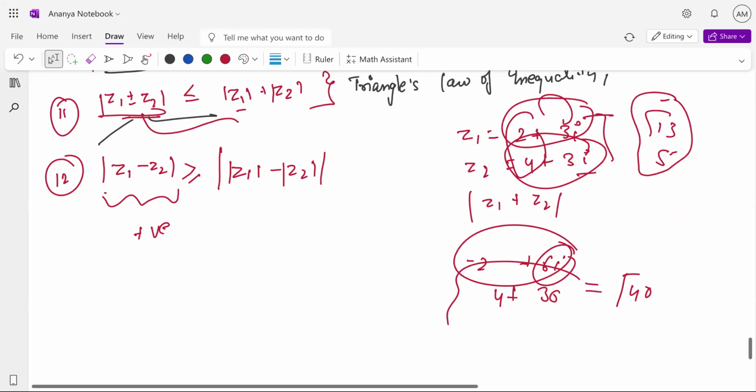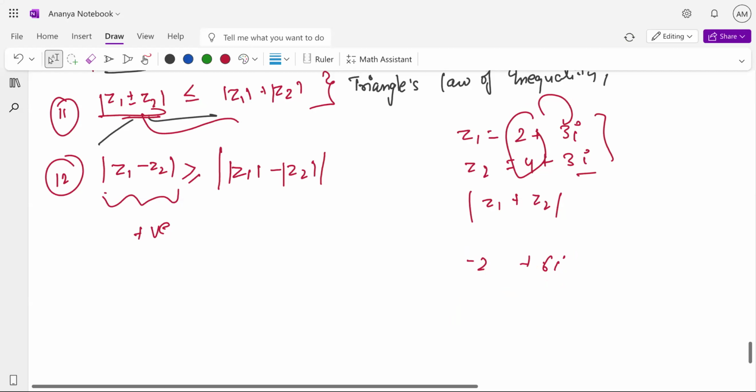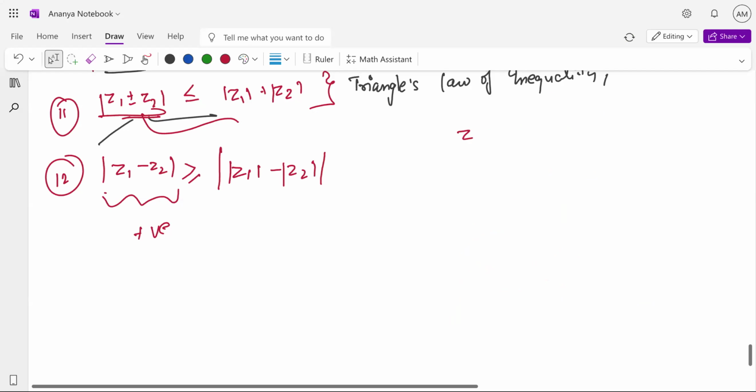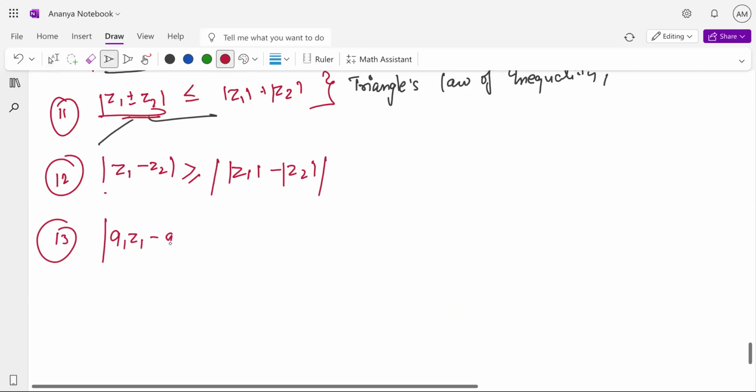Okay. So I'm just removing this part. Mod and mod is important. Don't forget to put mod. Now the same thing we have to do. I'll just include 13 over here. This is something around A1 Z1 minus A2 Z2.